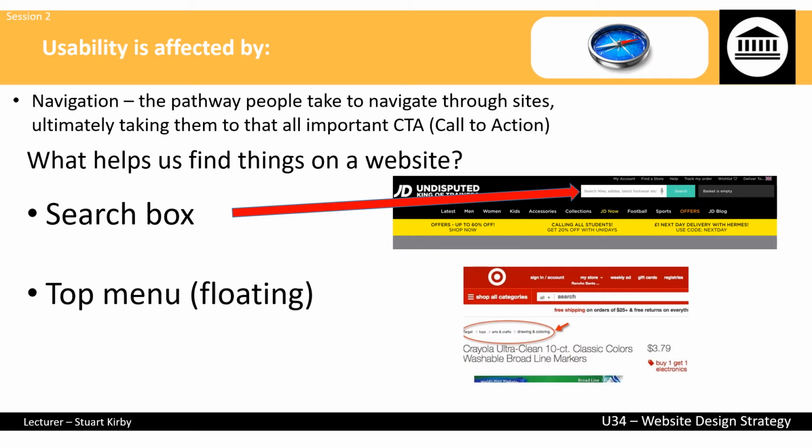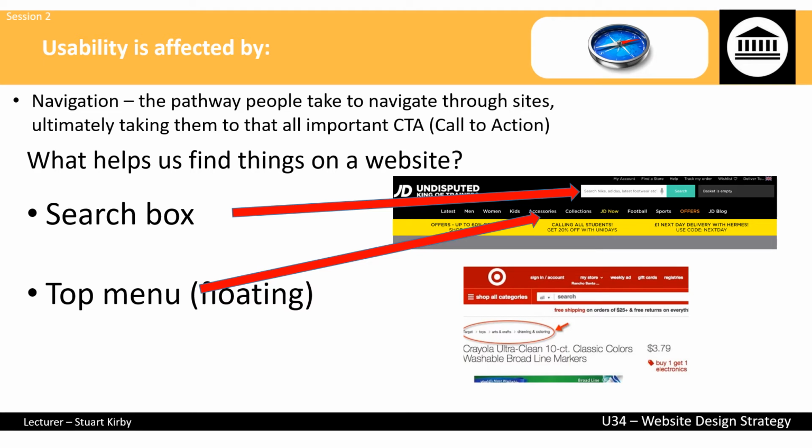Another crucial thing is the menu. I don't think I've ever really seen a website that doesn't have a menu at the top. It seems to be very standard practice. But what you'll see with menus now is each menu item, as you can see here, latest, men, women, kids. When you click on one of those, it will drop down to a more detailed menu.